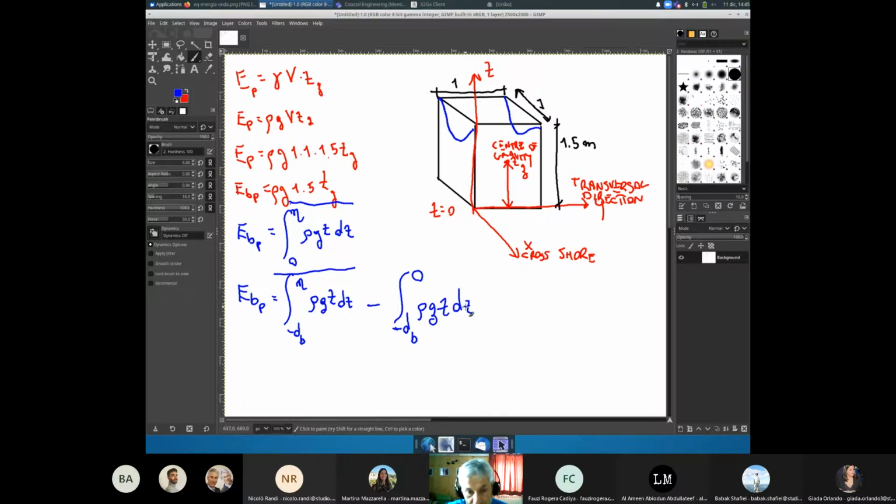And this is precisely the same equation that you can see. I move to the web page here. Precisely the same. So what is this? Again, it's the potential energy of the wave with respect to the average sea level. Only potential energy.